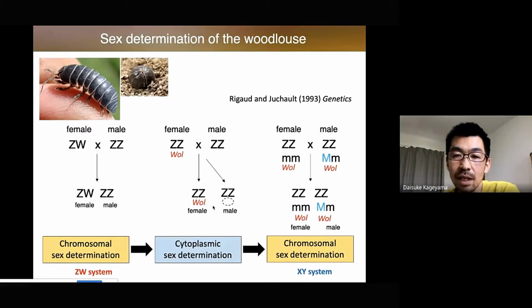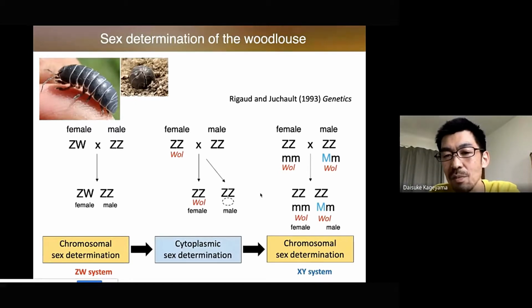And after that, there are some interesting cases where an autosomal gene determines male. So it's newly acquired sex chromosomes.